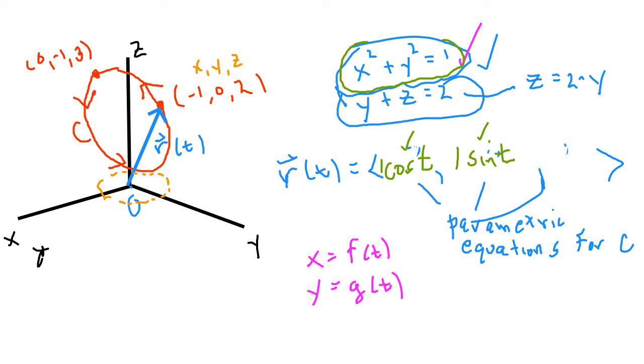It has to be 2 minus something, because z is 2 minus y. The z component would have to be 2 minus, what do you think?